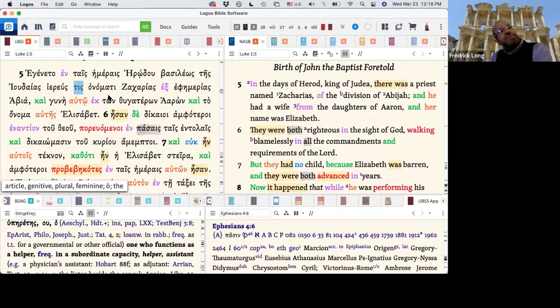Right, but isn't the one without accent like someone, anyone, anything? Yeah, and it throws its accent off. And so that's why hiereus has an acute accent. It should be a grave. So what's happening is that this tis likes to throw its accent off to the previous word, and that causes it to have an acute accent when normally we would have a grave.